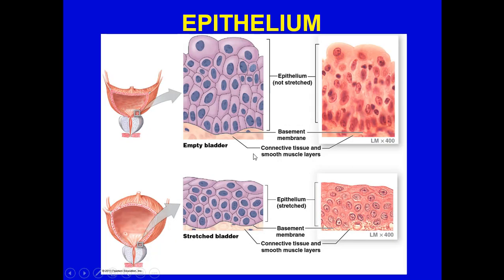Here we have the transitional cell lines. And as you can see, these are nice and round here with an empty bladder. But when you start having the pressure as the urine is filling up in the bladder, the upper layers kind of thin out. It's almost as if you're stretching them out. And as you stretch them out, the layers are still somewhat there, but the shape has changed.